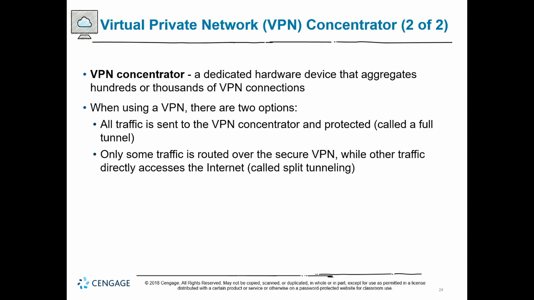A software VPN is where you have a server and put the VPN software on that server, and the best advantages of software VPNs are that they're affordable and scalable. So a hardware VPN is a dedicated server you buy just for VPN, while a software VPN is a server you put VPN software on. Technically, either one can be a VPN concentrator, as we discussed, since it aggregates all the VPN connections.